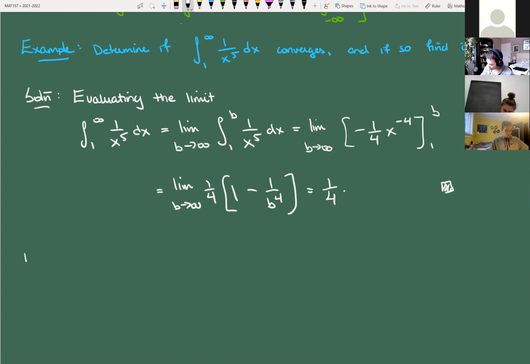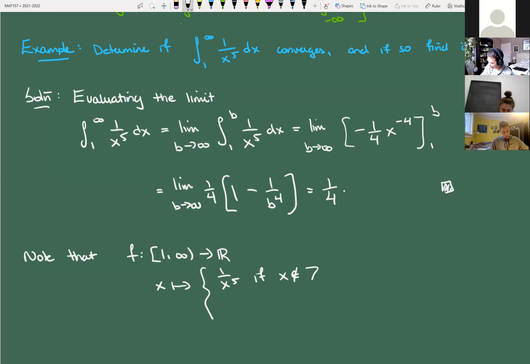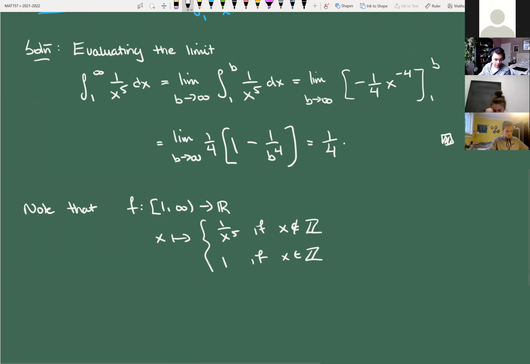So note, what I'm going to do is take this function now, from 1 to infinity to R. Okay, and it's going to be 1 over x to the power of 5 if x is not an integer, and 1 if x is an integer. Okay, so you can check the improper integral of this function exists.